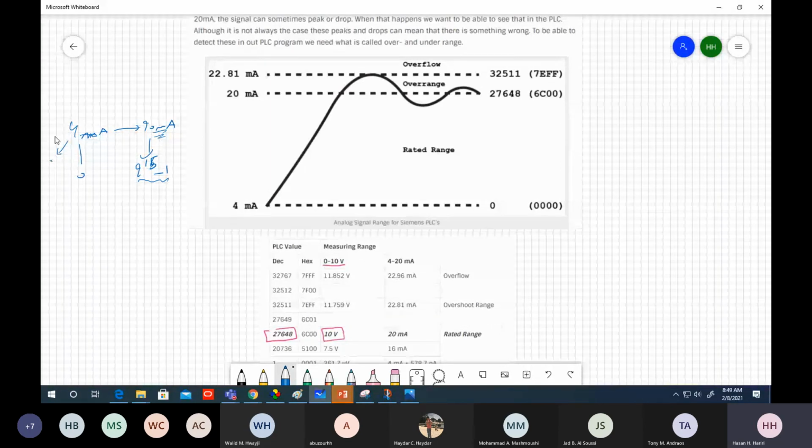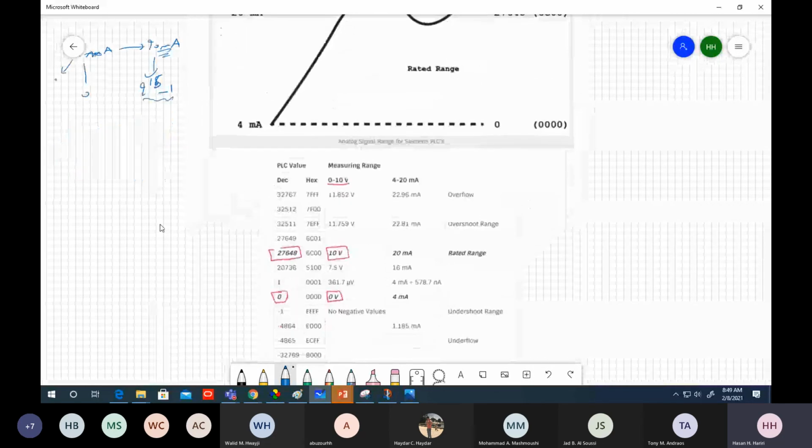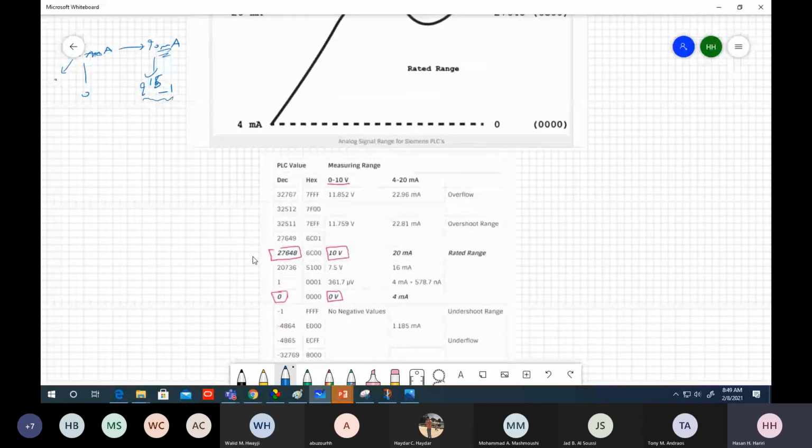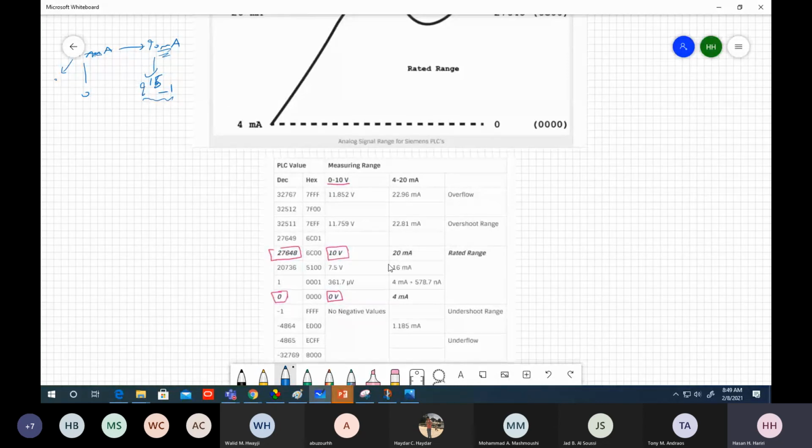And of course you have the negative, so they can assign. Look at what Siemens does, for example. They assign this decimal number, which has an equivalent in binary or hexadecimal, to the 20 milliampere. We are talking about 4 to 20 milliampere.